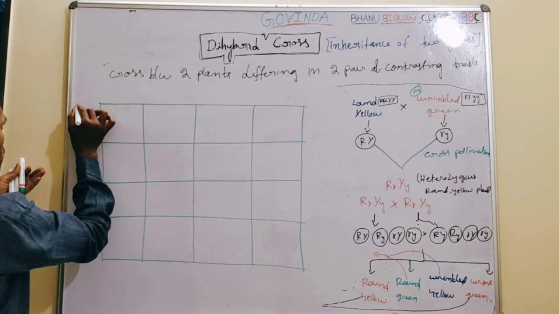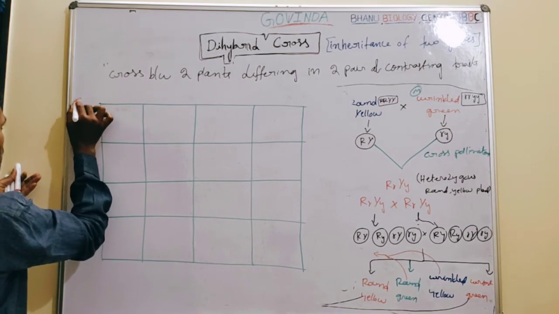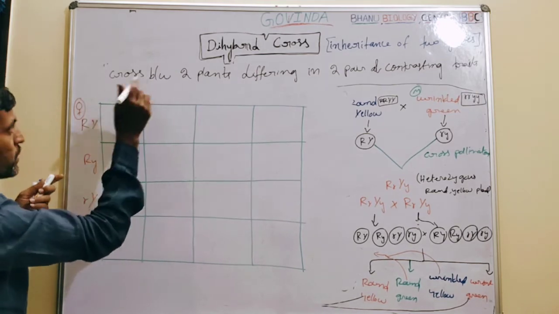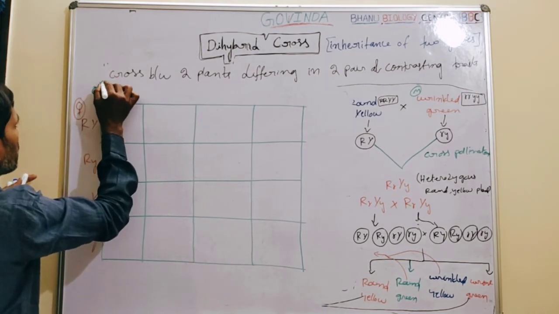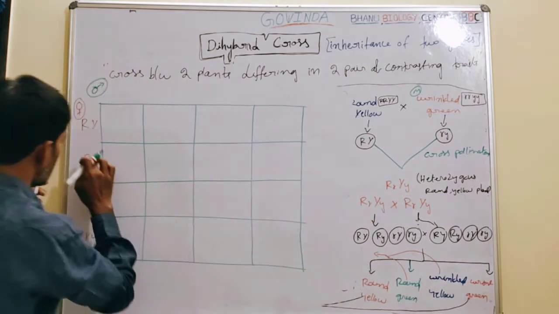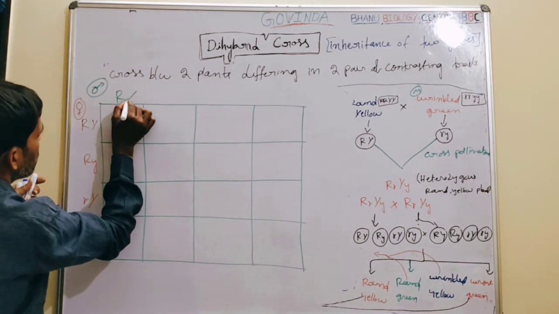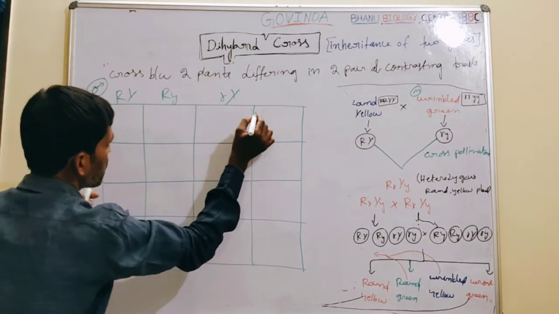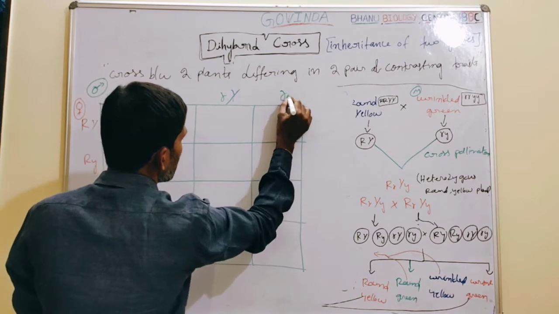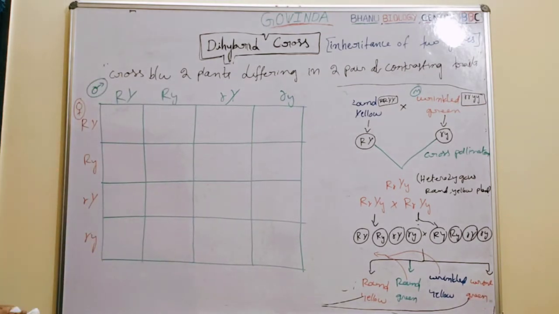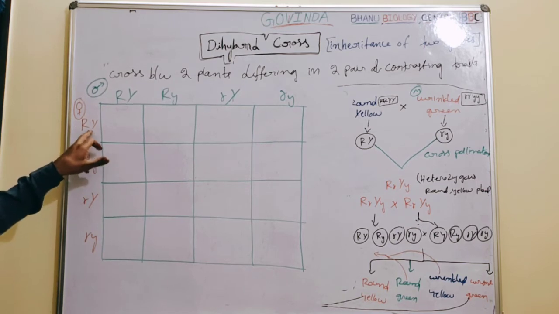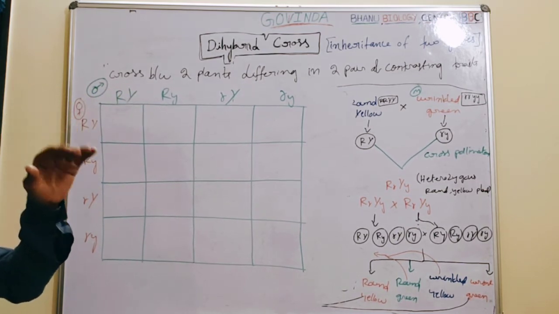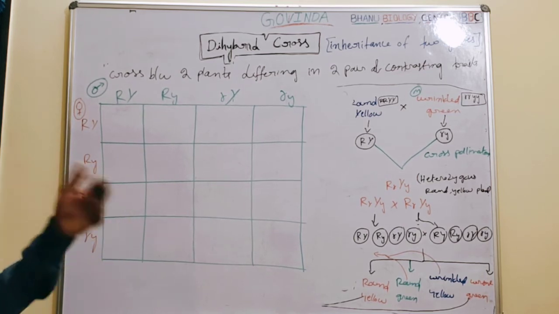So these are the gametes of the female parent. Next, on the other side, horizontally, we write the gametes of the male, same gametes: capital R, capital Y, capital R, small y, small r, capital Y, then small r, small y. So these are the probabilities. Any gamete can combine with any other gamete to give either the parental types or new combinations.